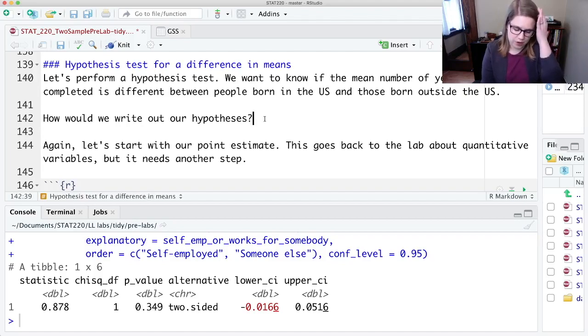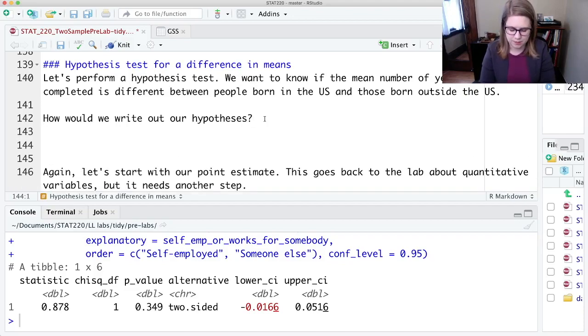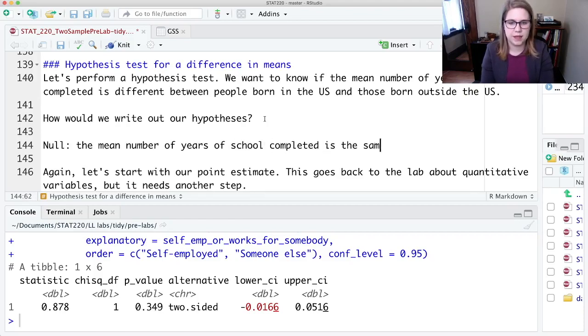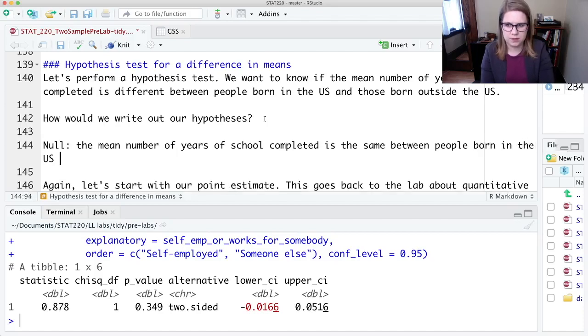So let's write out our hypotheses. For this one, I think it's a little easier to do it in notation, but we'll do sentences because that's probably the very easiest. So the null is the mean number of years of school completed is the same between people born in the US and outside the US.